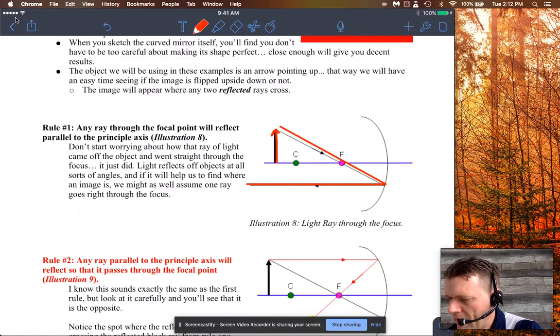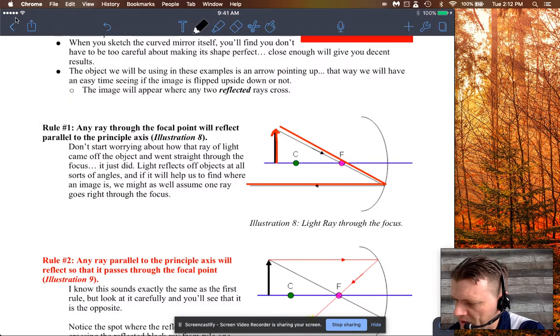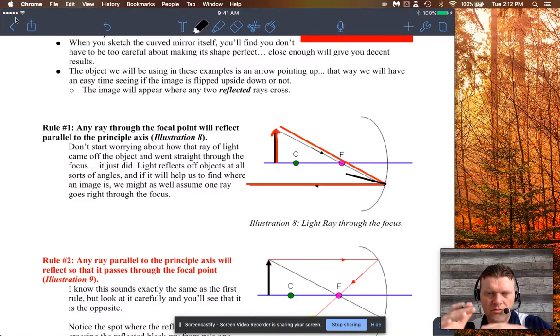And the reason for that, which I don't have to keep doing this, but it's just interesting how it all plays together. There really is a normal right there. There's a normal, a perpendicular normal to the curvature of the mirror, and we can throw that normal everywhere, and the angle of incidence will equal the angle of reflection. So these rules are basically just shortcuts to explain the law of reflection.